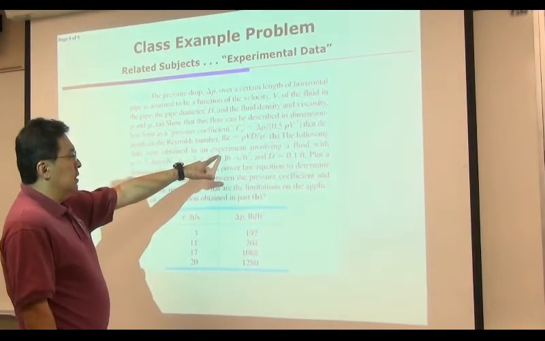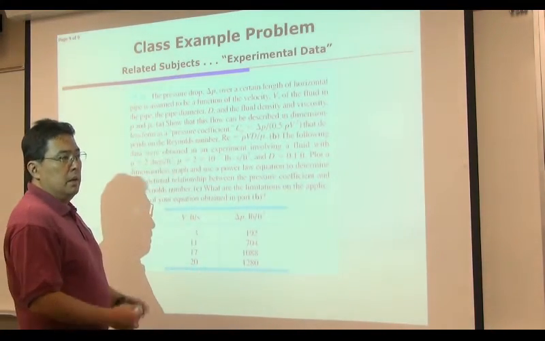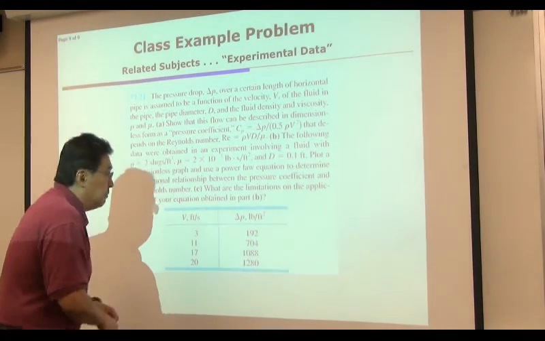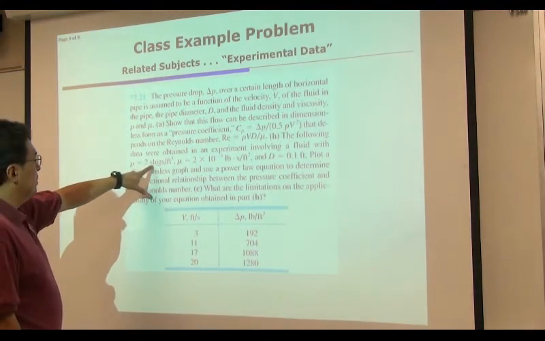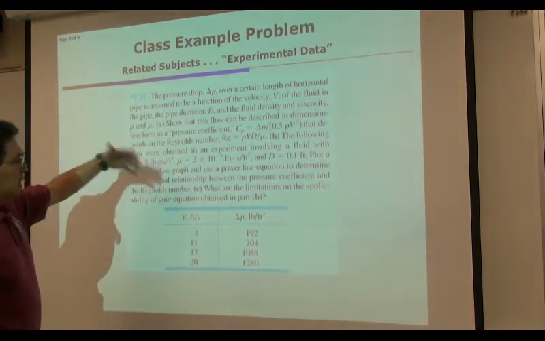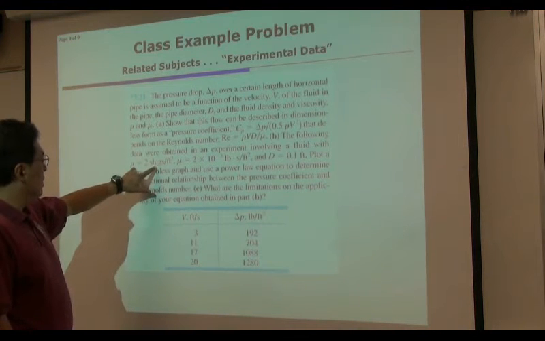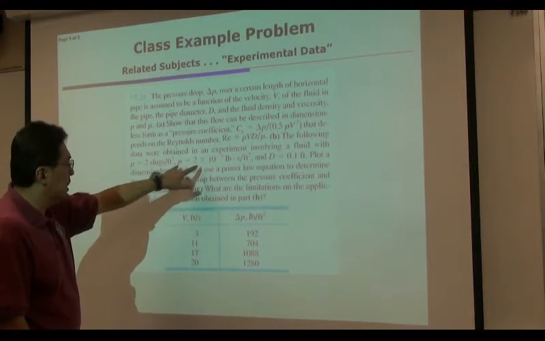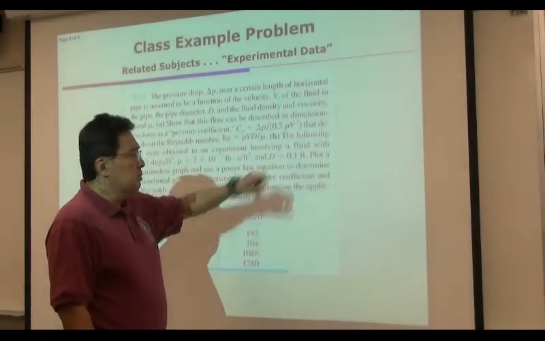We did the experiment. Usually the experimental setup is constrained. So this is our constraint. We use the density of fluid, 2 slugs per cubic foot. So in other words, we conducted this experiment using maybe water. Water comes with certain density and viscosity. Diameter of this experiment is 0.1 feet.